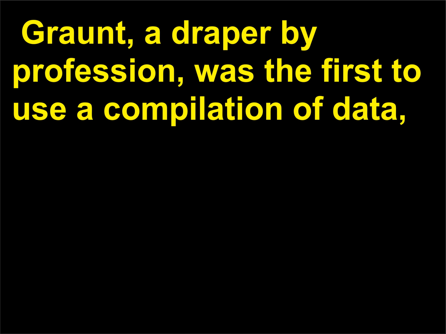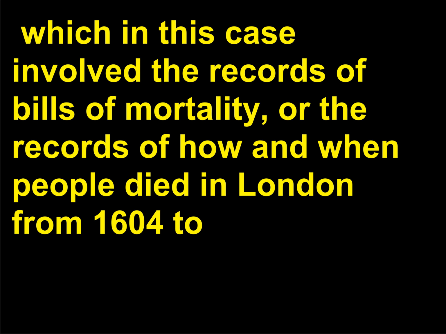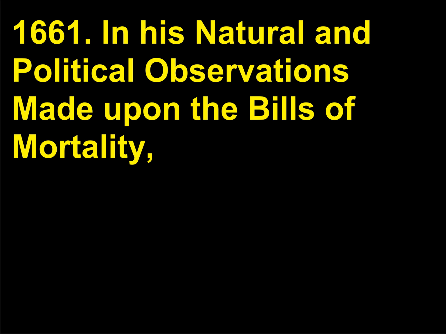a draper by profession, was the first to use a compilation of data, which in this case involved the records of bills of mortality, or the records of how and when people died in London from 1604 to 1661 in his Natural and Political Observations Made upon the Bills of Mortality.